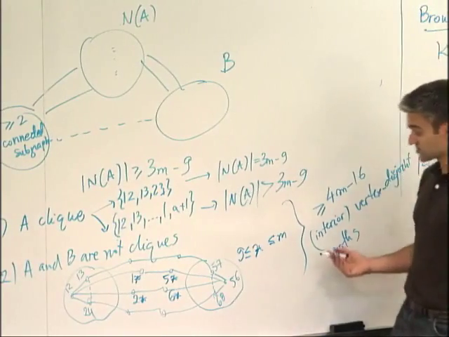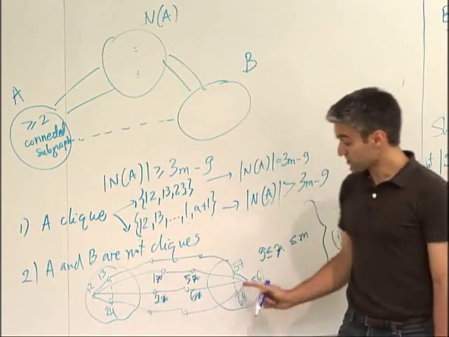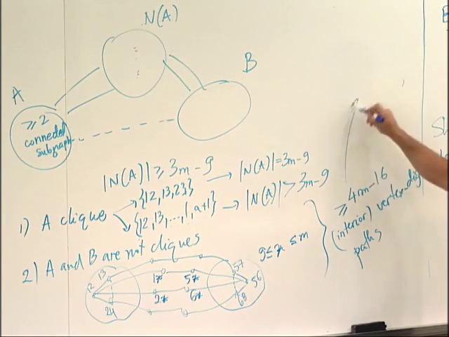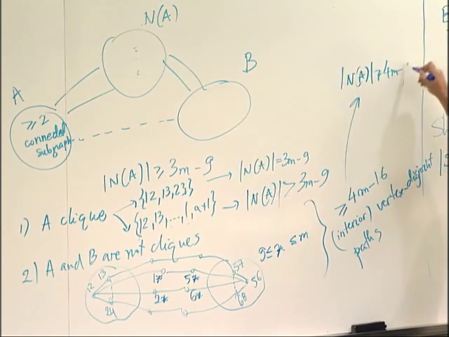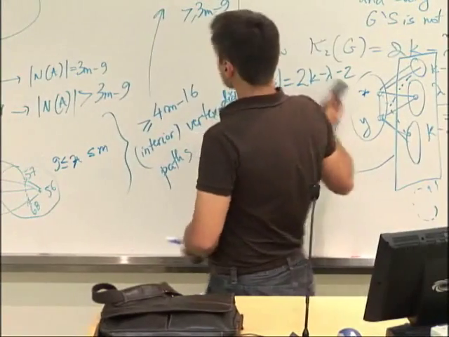So if there are at least this many, it means that for NA to separate this part from this part, it has to contain at least 1 vertex from each of these paths. So this tells me that the size of NA is at least 4m minus 16, which beats 3m minus 9 or something like that. Okay, so here it's just combinatorial, looking for paths. Okay, so I'll leave that there.